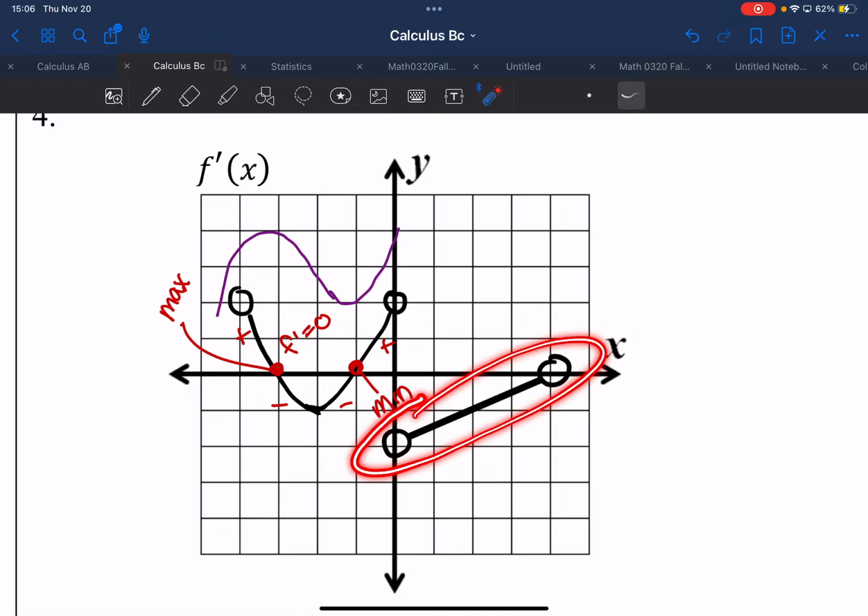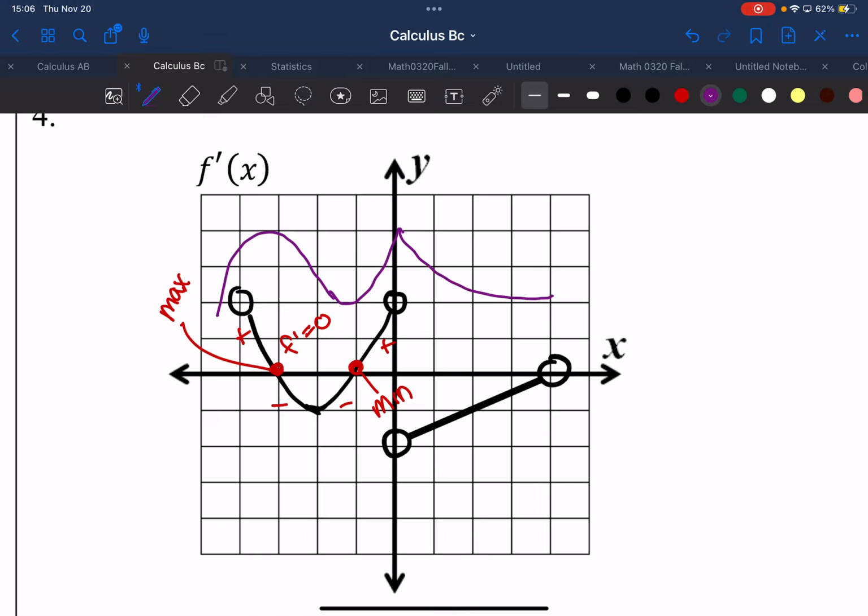Negative, because it's below the x-axis, okay? Which means when I draw that quadratic portion, I need to draw the portion that's going down, right? Not the portion like the other one that's going up. So it's going to look something like that. Okay, so this is representing f of x, our original function.